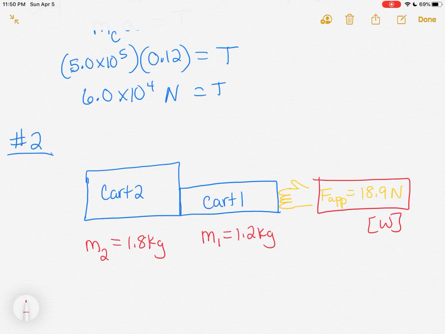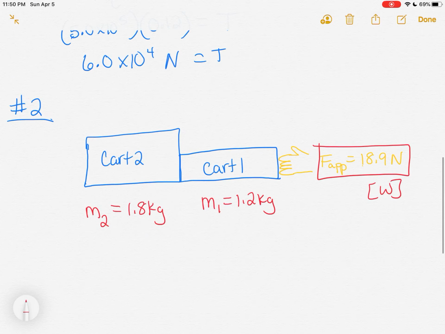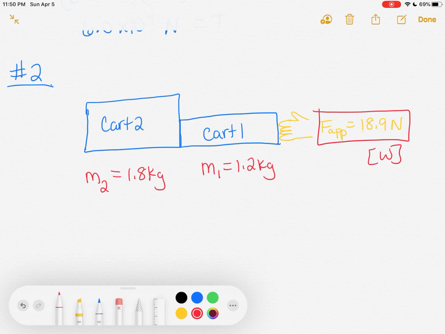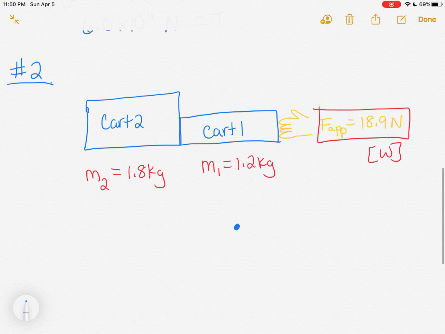We always want to make sure that we draw our free body diagrams. So if we look at each of our carts, we can draw our free body diagrams, not on our system diagram, but down below here. Cart 1 has an Fn because it's obviously on a surface of some kind.